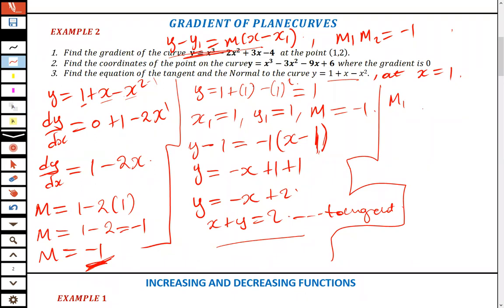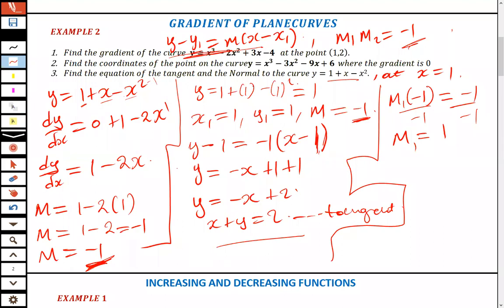So if I take my m1 as the gradient of the normal, then my m2 is just the gradient of the tangent, which we found to be -1. So we put -1 there, then we equate that to -1. When you divide by -1, the gradient of the normal simply will be equal to +1.